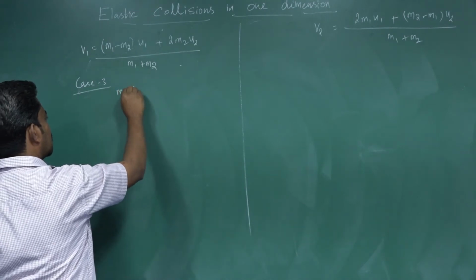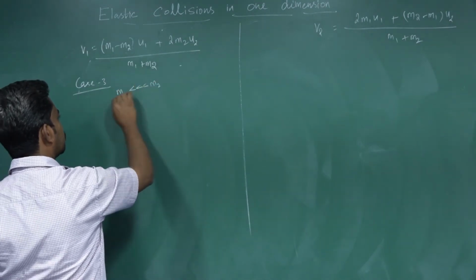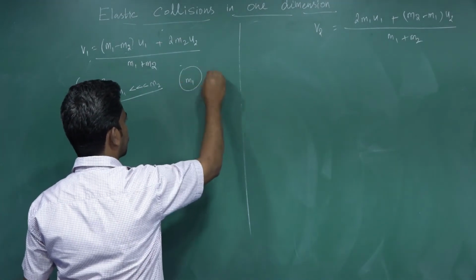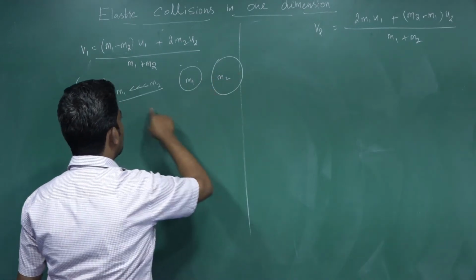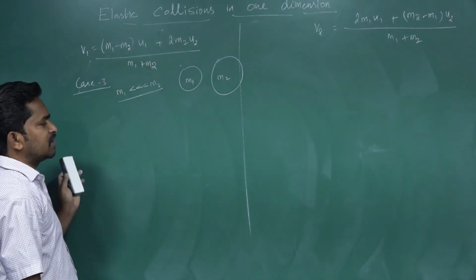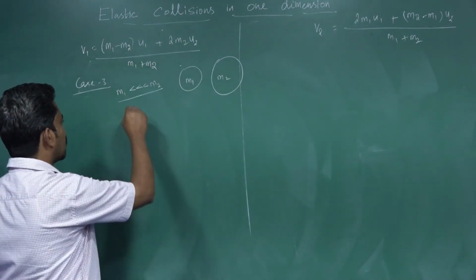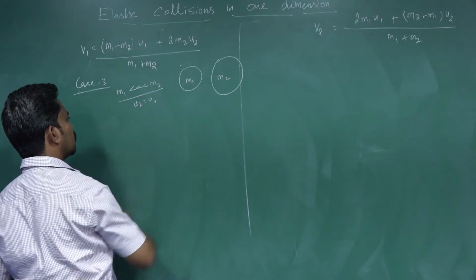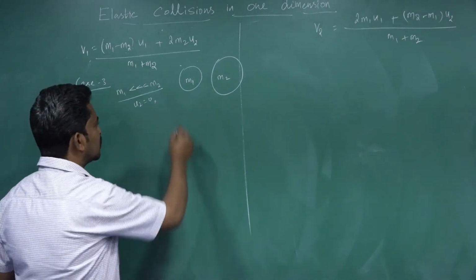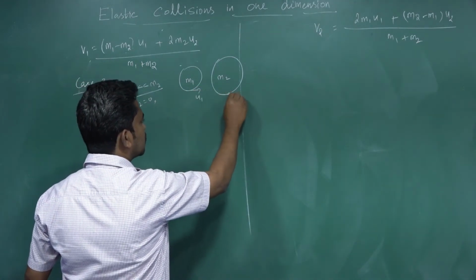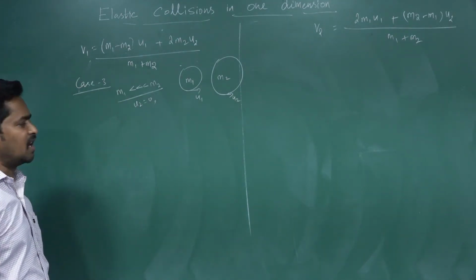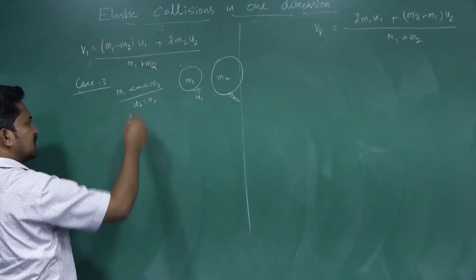If m1 is very much less than m2, meaning a lighter object collides with a heavier object, and u2 is equal to 0, meaning the second object remains at rest. This is u1, this is u2, and then after collision. I want to take the condition m1 very much less than m2.